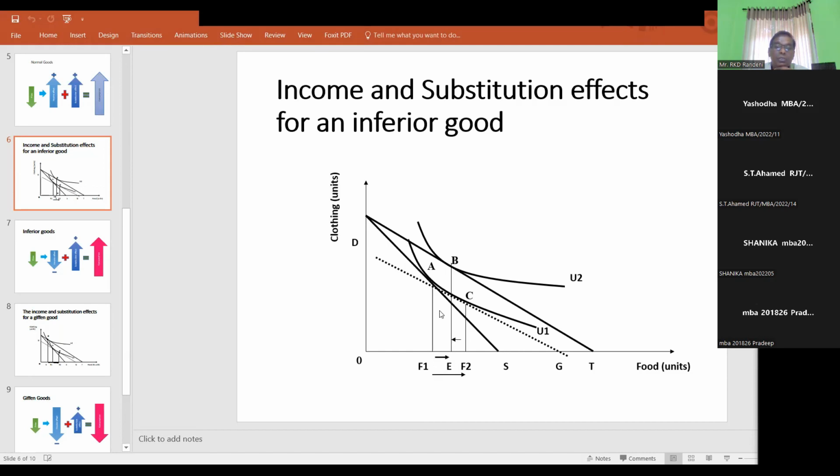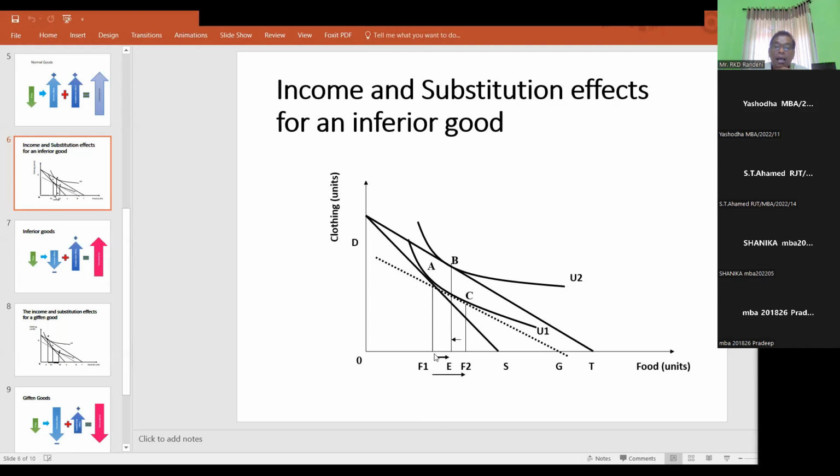Right? The substitution effect is more powerful than the income effect. That is inferior goods. Now here you can see F1 to F2 is the substitution effect, right? Then C to B, this arrow, is the income effect, right? Then the total income effect is covered by the substitution effect.